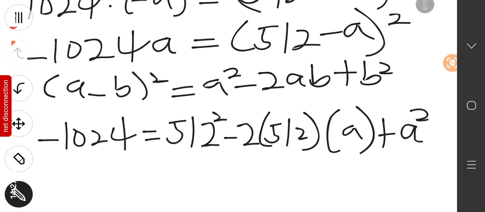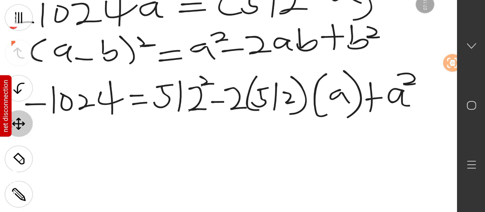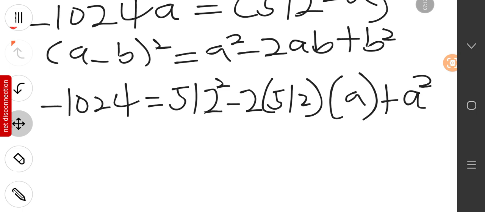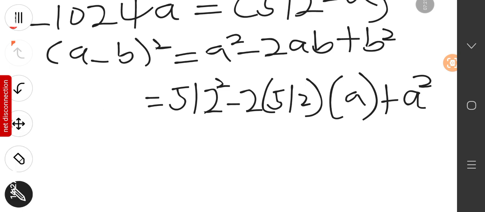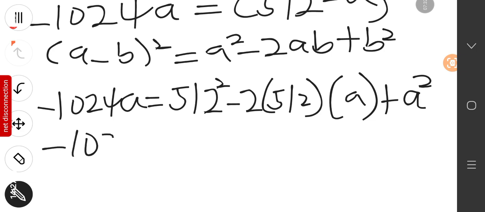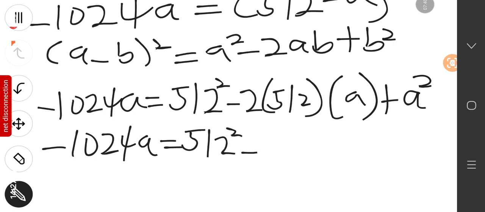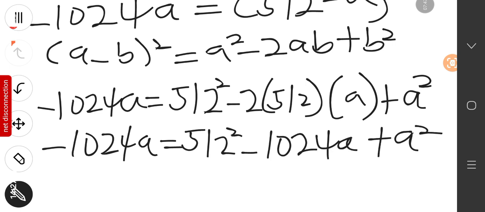So our equation becomes, sorry, let's do some corrections here. Minus 1024a. So our equation becomes minus 1024a equals 512 squared minus, this gives us 1024a, plus a squared.